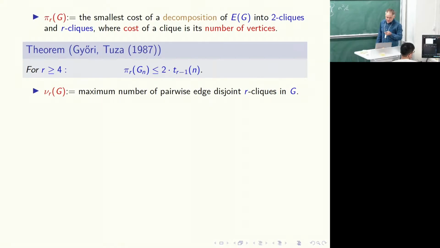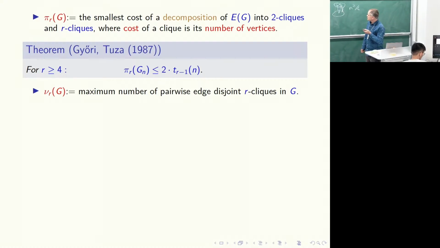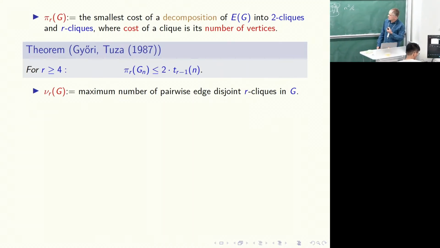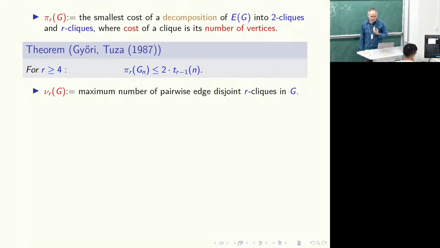Just repeating: if we want to rephrase this Győri–Pósa theorem, we can say that if we are using many of the cliques, it means that we try to find many pairwise edge-disjoint K_R's.